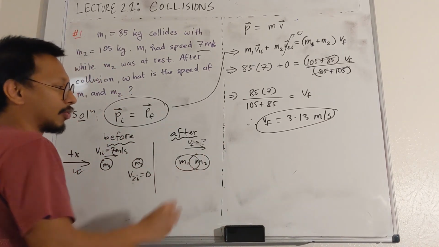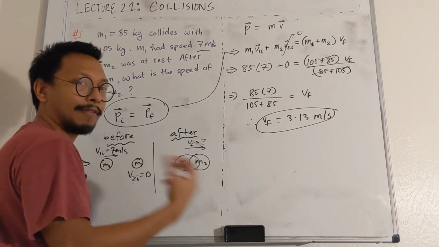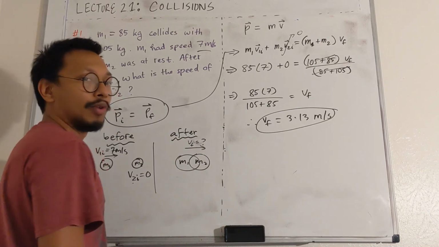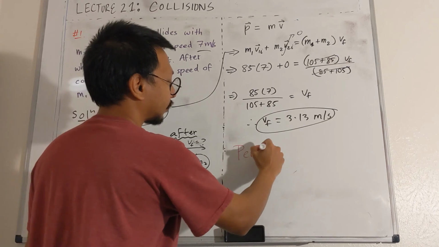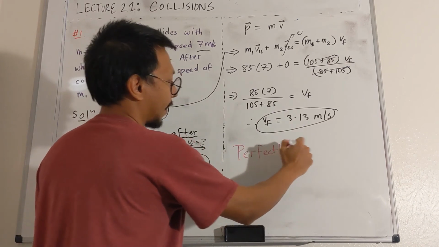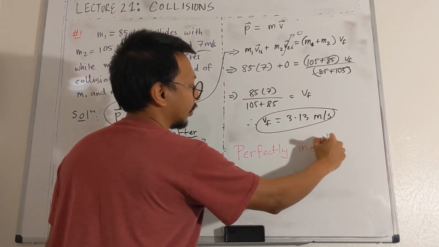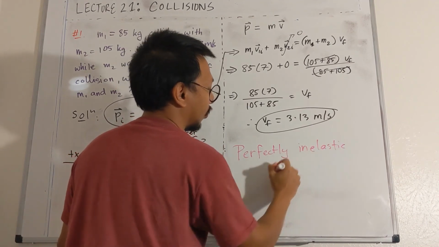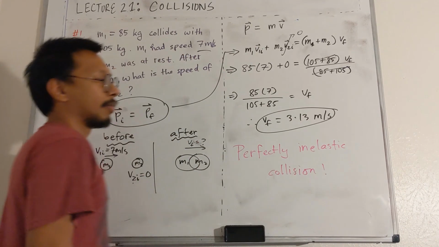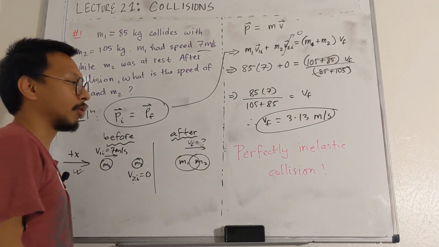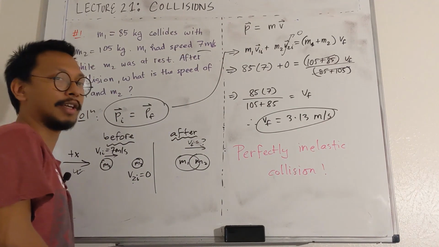These kinds of situations, when two objects stick together after they have collided and move with a common velocity, are known as a perfectly inelastic collision. All right. However, in the real world, most collisions are not perfectly inelastic.